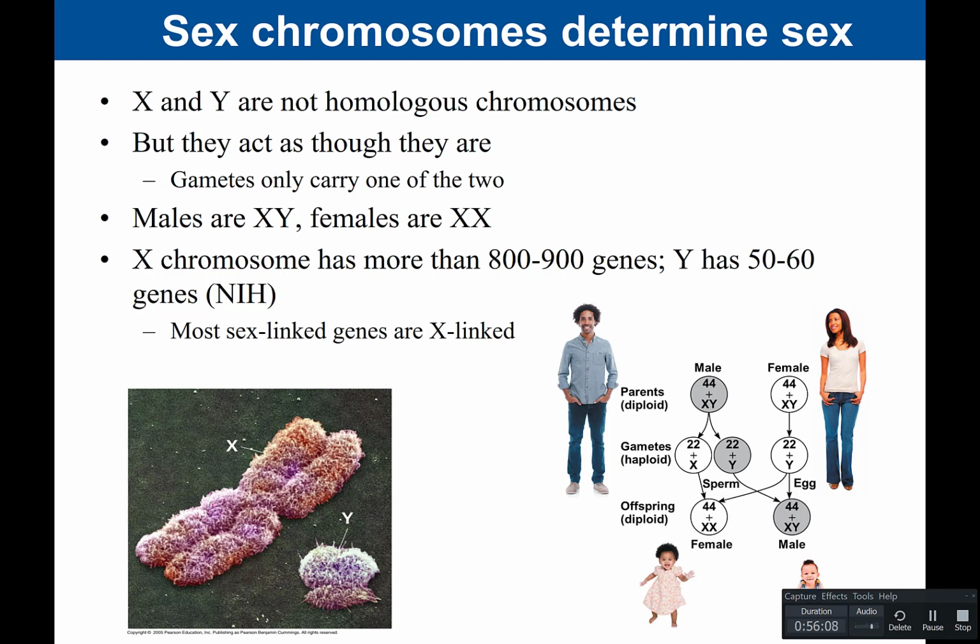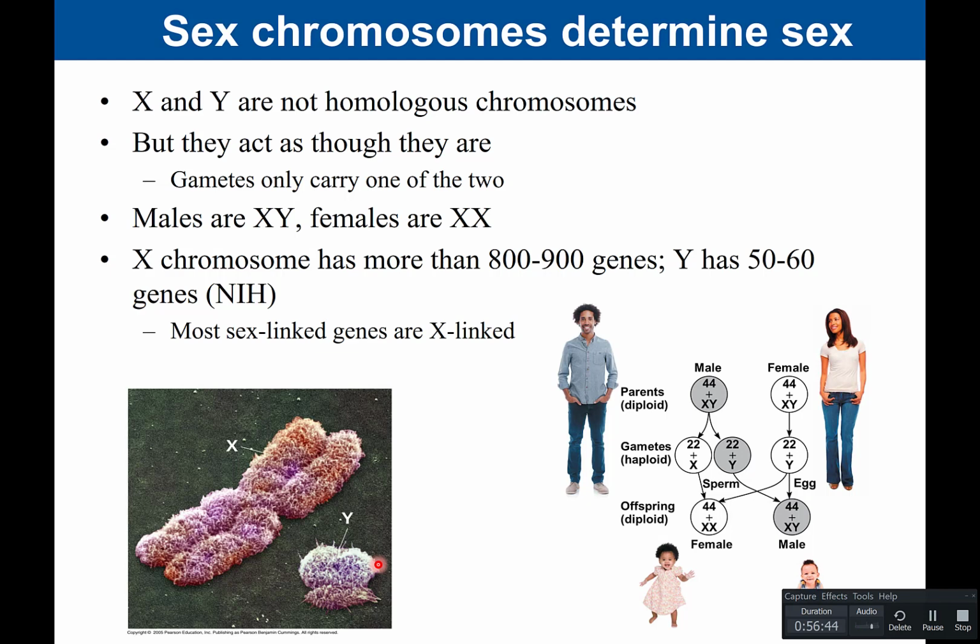You can see that the X, on the left, is much larger than the tiny Y. Although these are not homologous chromosomes, during meiosis, when homologous pairs line up at the metaphase plate in metaphase 1, the X and the Y will behave as though they are homologous pairs. They will line up side by side, and then they will assort independently.